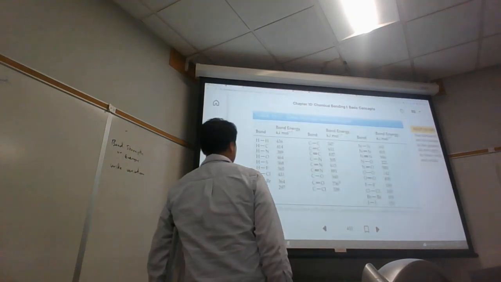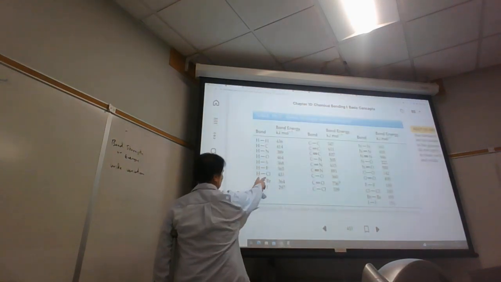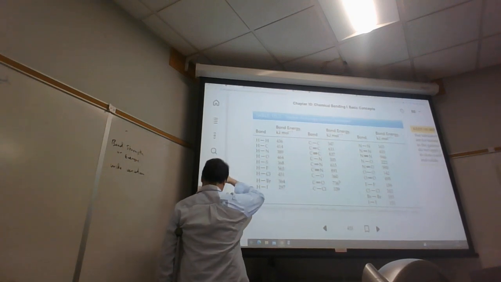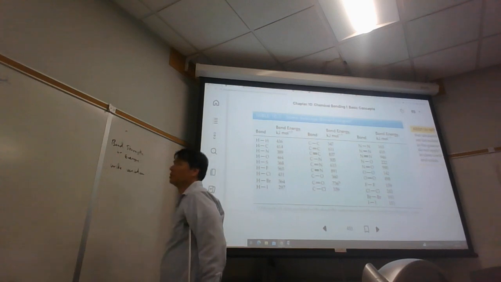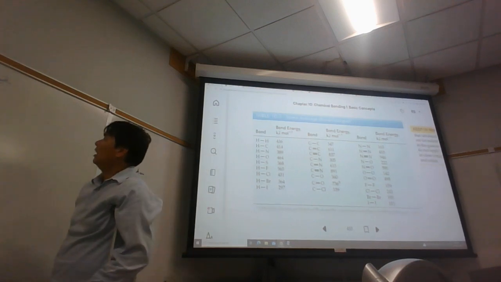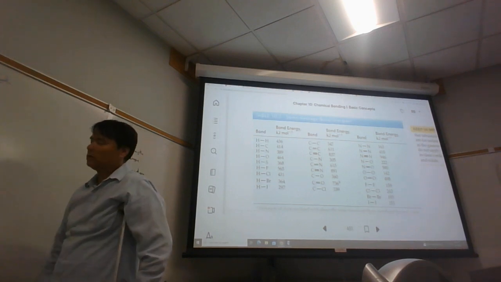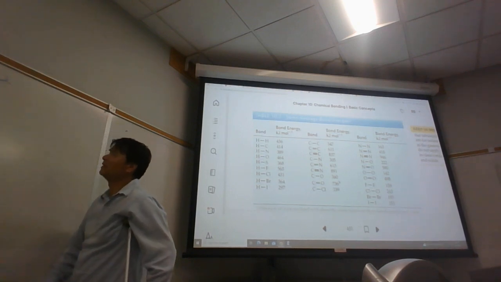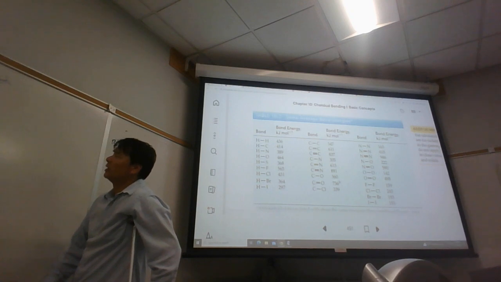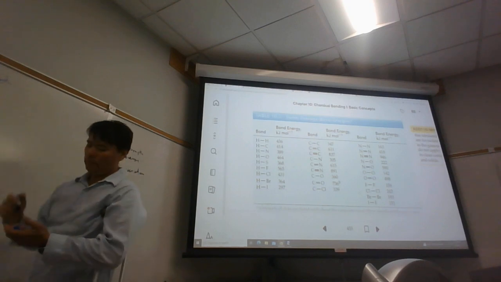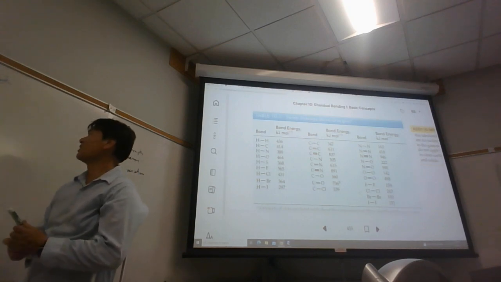So how strong is an HCl bond? 431 kilojoules per mole. That's pretty strong. Visible light's not going to break this. Only ultraviolet will break it. But the electron cloud here is polarized, meaning it's distorted.